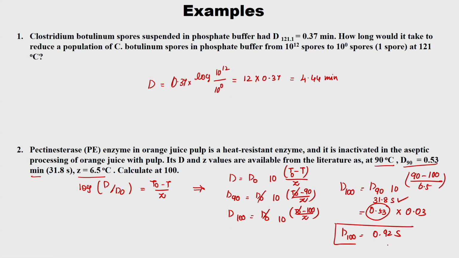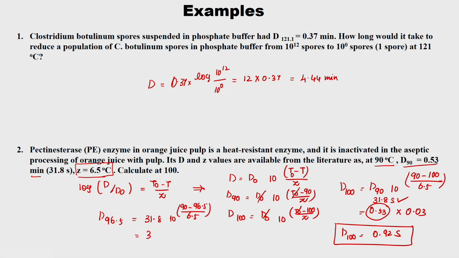So, remember here your Z value is given as 6.5. For example, if I calculate D at 96.5, how will it become? 31.8 seconds and 10 to the power of (90 minus 96.5) upon 6.5.